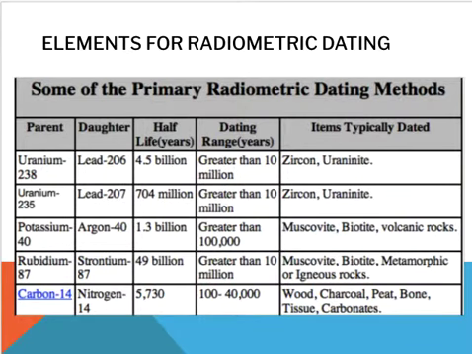And then again, like I said, there are lots of different elements that we can use to determine age of rocks. So depending on the different isotopes, here we can see how there are different isotopes of uranium which will turn into different isotopes of lead. And they have very different half-lives.